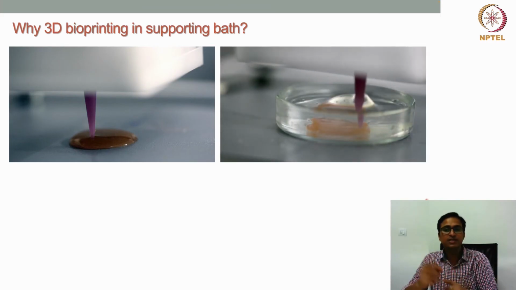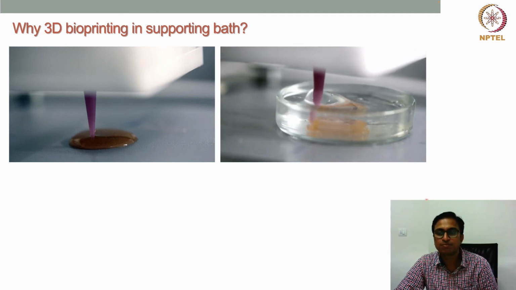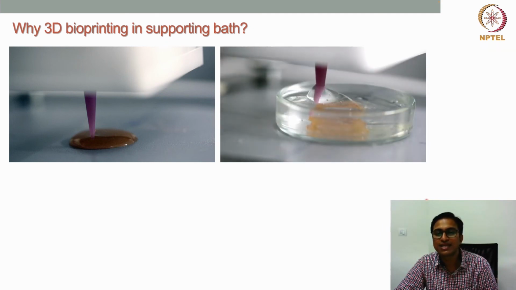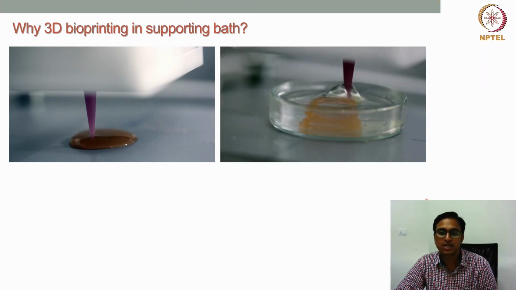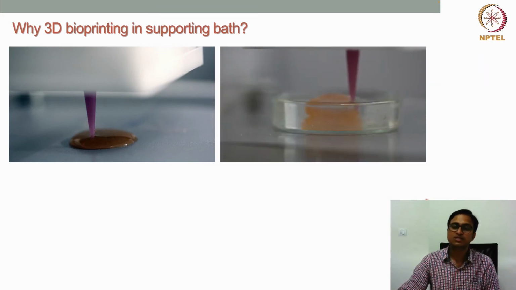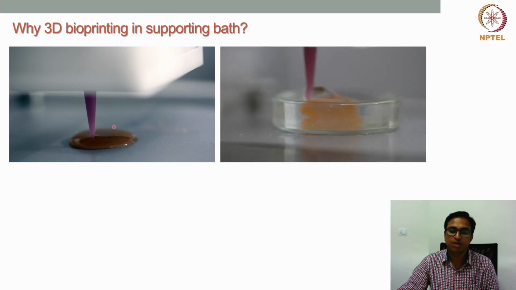The printing fidelity is maintained here. In this case, if you see, they can maintain the shape of the structure, because the support bath material is providing support to the printed structure, so that I am able to print a very good structure with the same viscosity and same modulus bioink. So that's the beauty of this.